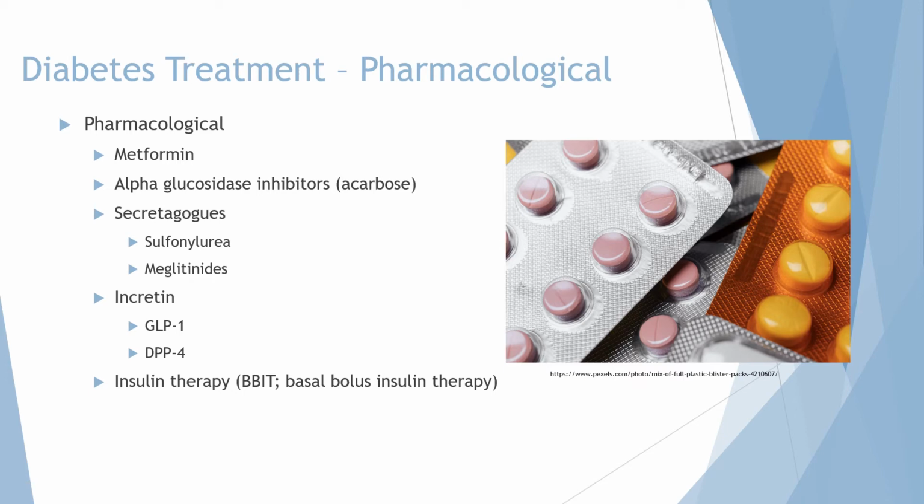Insulin secretagogues target the pancreas and stimulate the release of extra insulin. Both sulfonylurea and meglitinides have an unfortunate side effect of gaining weight. But in sulfonylurea, this can reduce A1C by 1 to 1.5%. The drug also has microvascular outcomes.